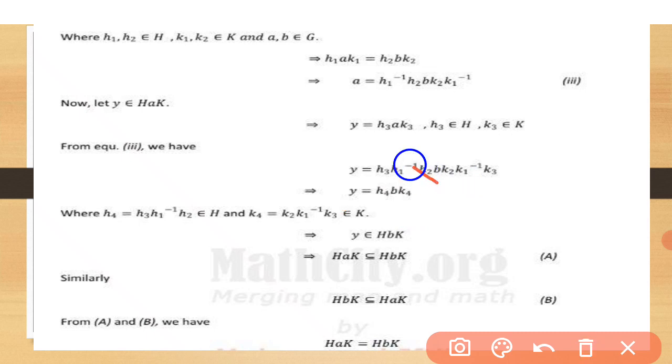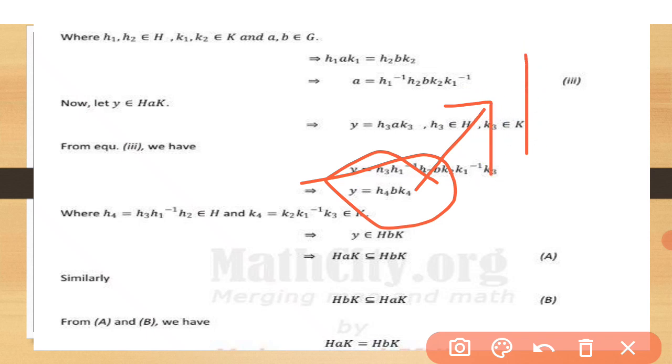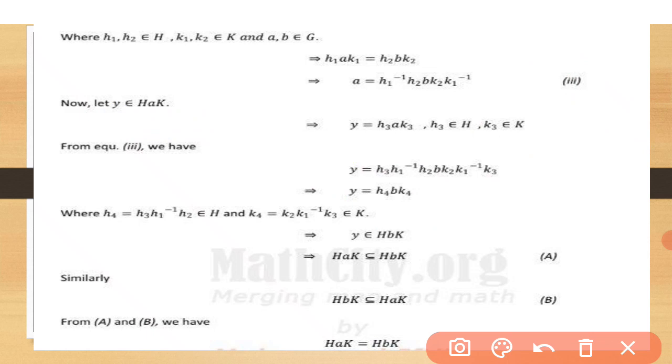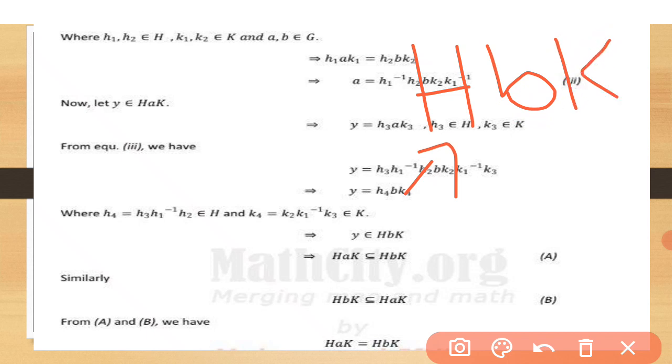We see here that Y is equal to H4 B K4. It means this becomes an element of HBK. But Y was an element of HAK. Once again I am repeating this point, here we have proved that Y is equal to H4 B K4, meaning these types of elements are in HBK, because B is present in the center.